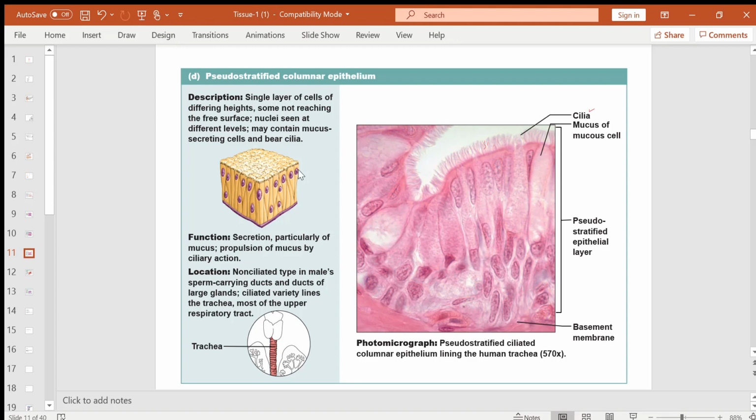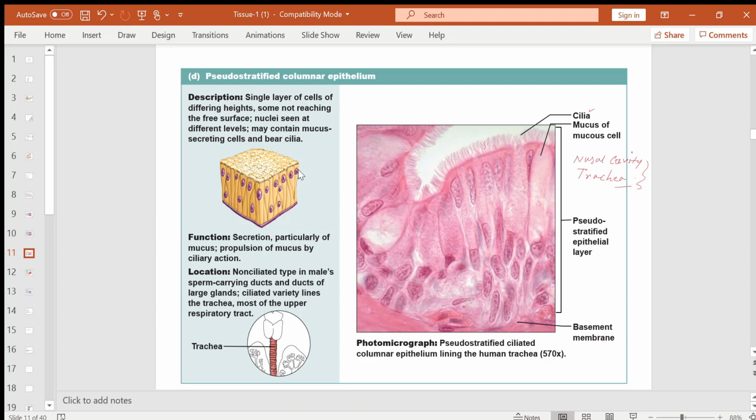And where you find the pseudostratified columnar, in the upper respiratory tract, that means inside the nasal cavity, trachea, okay, those upper respiratory tract structures have pseudostratified ciliated columnar epithelial lining.